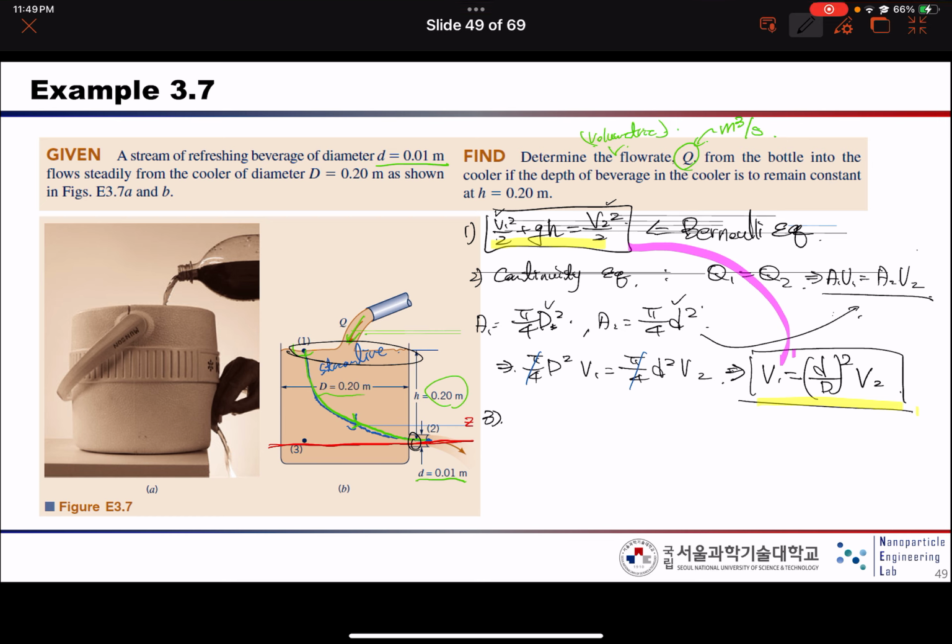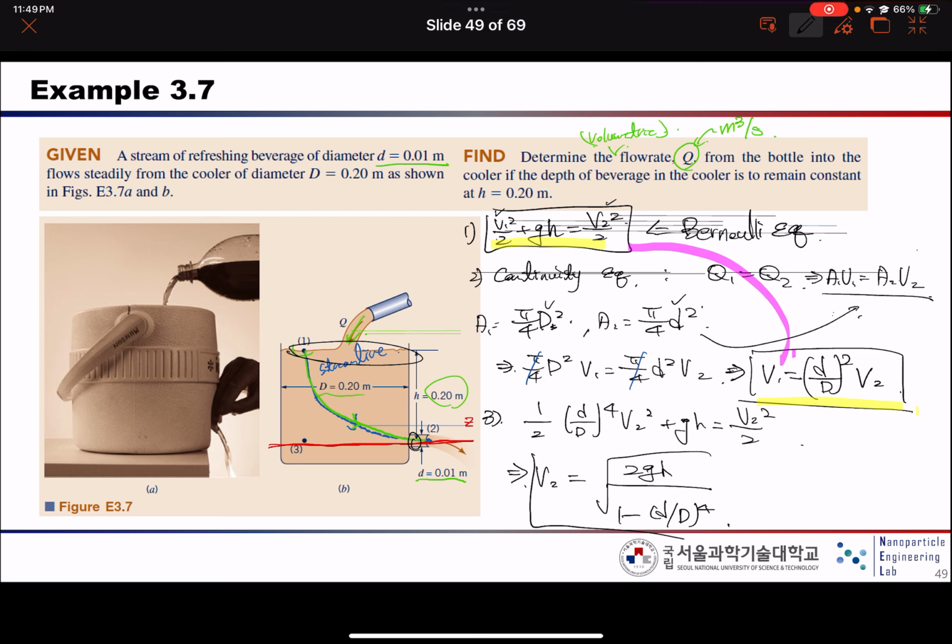So if you plug in this result in the case, we can write like this, right? So if you rearrange this equation a little bit, we can write it like this, right?